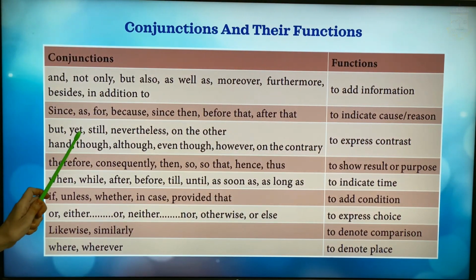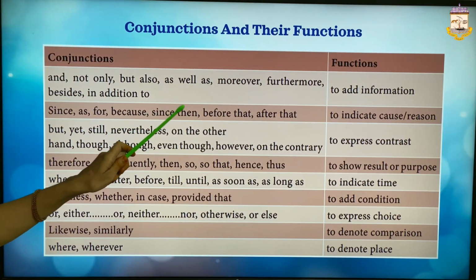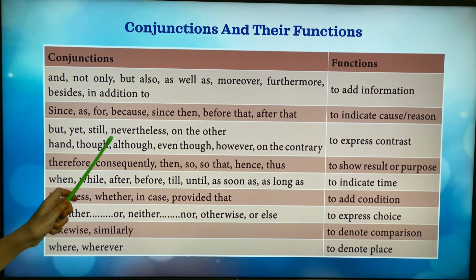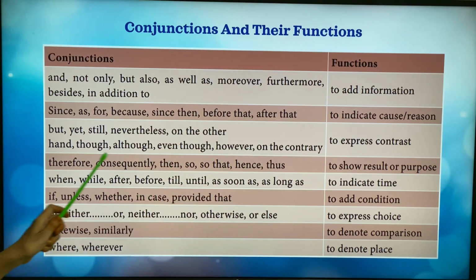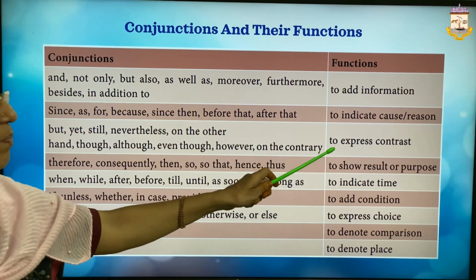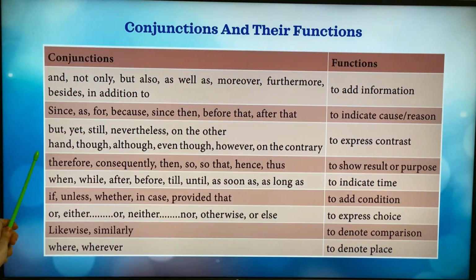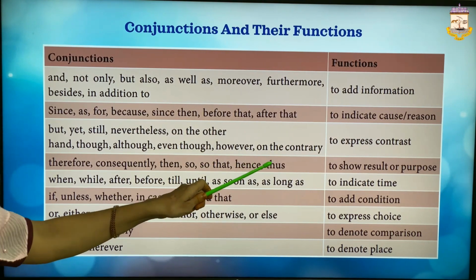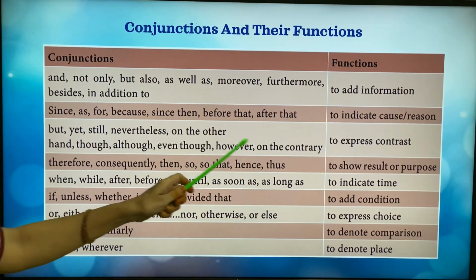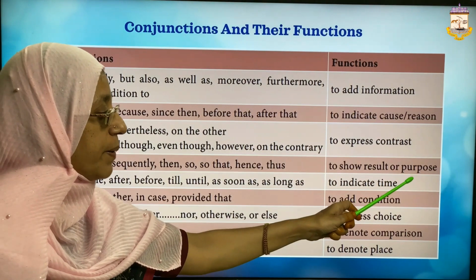But, yet, still, nevertheless, on the other hand, though, although, even though, however, on the contrary: these conjunctions are used to express contrast. Therefore, consequently, then, so that, hence, thus: these are used to show result or purpose.